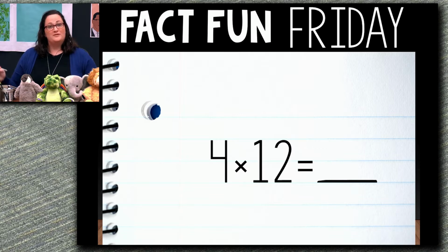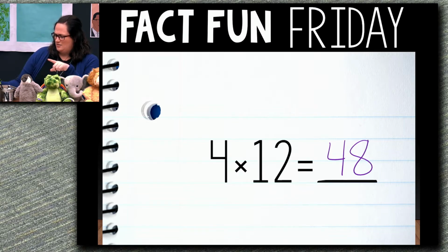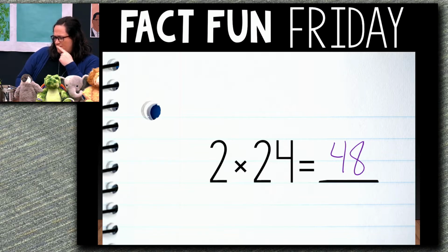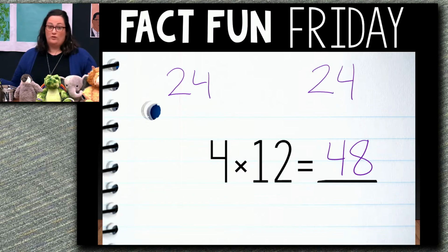What about 4 groups of 12? It's also 48. Let's look at that. 2 groups of 24. Oops, I hit the wrong button. 2 groups of 24. So on the last slide, I had 24 and 24, and that made 48.